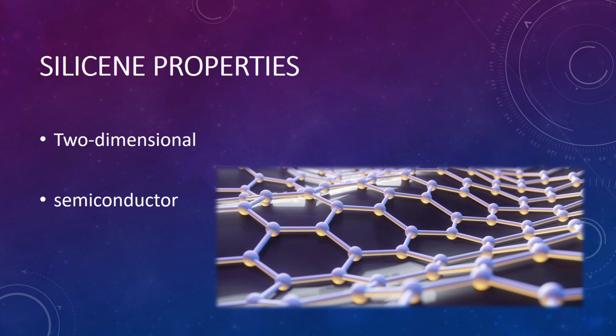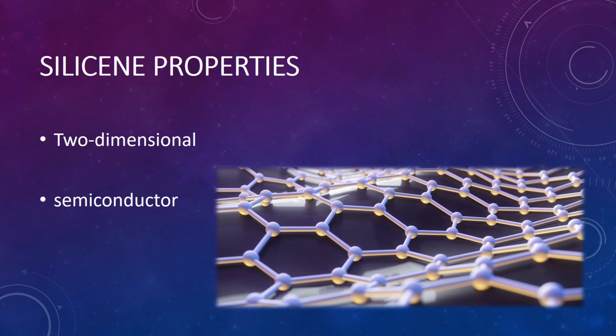Hence, this surface seems to have ordered ripples. Silicene can be converted to silicane by addition of hydrogen in an exothermic chemical reaction. This process could lead to application in hydrogen storage.